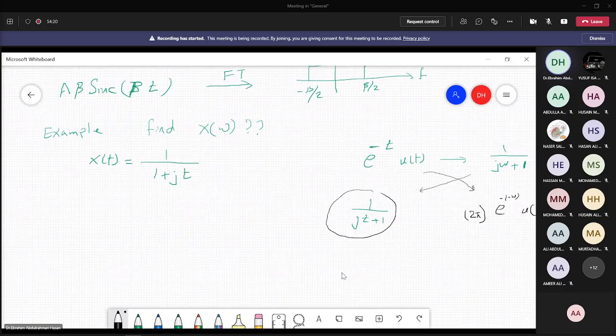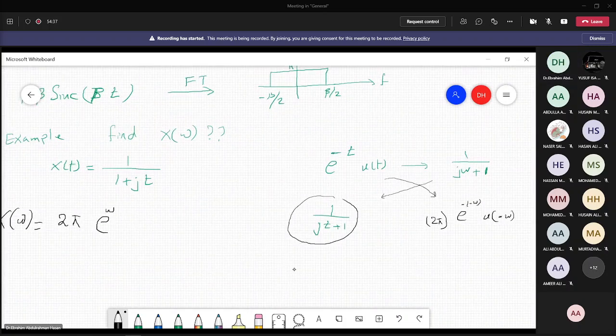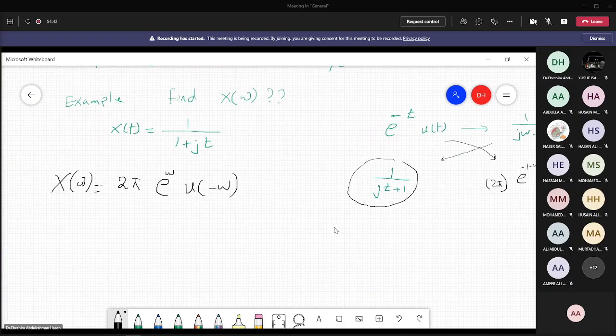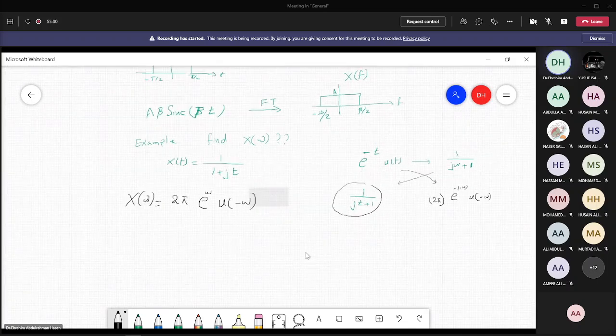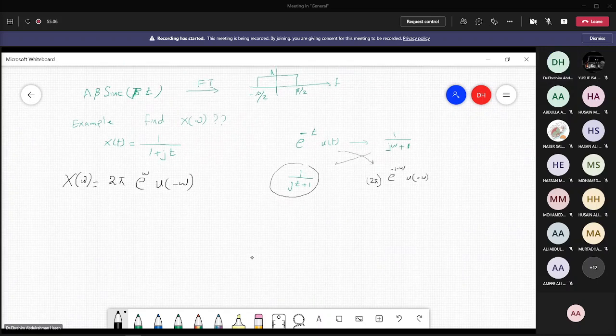Okay. So if x of t equal to 1 over 1 plus j omega, then x of omega equal to 2 pi e to the power of minus minus, so then it is plus omega, and u of minus omega. That is the solution.